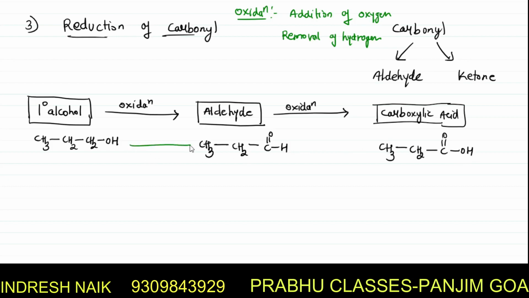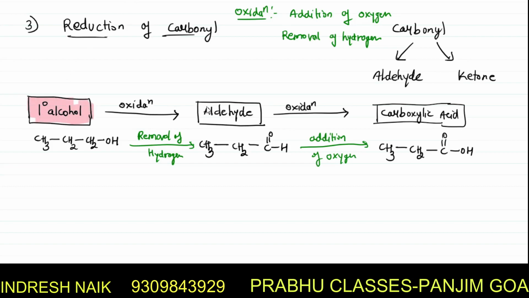So from the alcohol to the aldehyde there is removal of hydrogen, and from the aldehyde to the acid it is addition of oxygen. You can just remember this process.